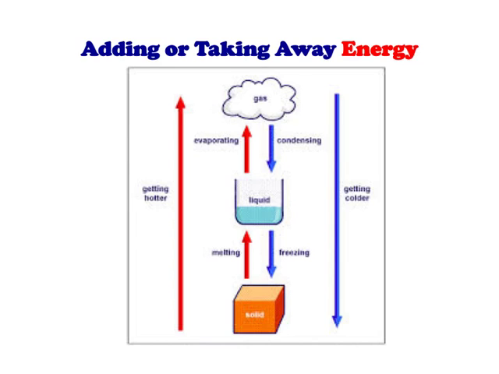Now if we take that gas and we take away the energy or that heat, then it condenses and turns into a liquid. If we keep taking that energy or heat away, that liquid will freeze and turn back into a solid.